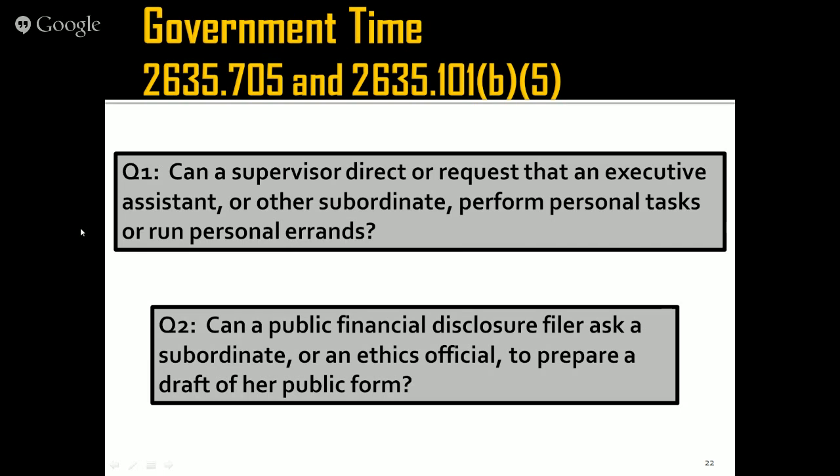And in example one, we try to head off this question of, well, what if the person volunteers to do it? What if it's sort of consensual? We tip our hat to that, but then we turn it around and say, well, it may not be a problem under 705, but now it may be a problem under the gifts between employees rule.